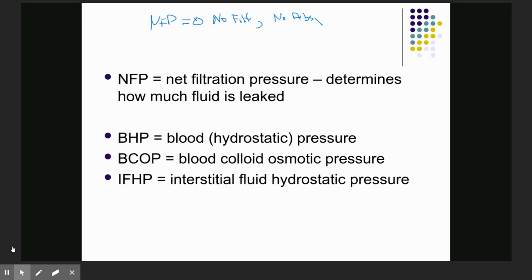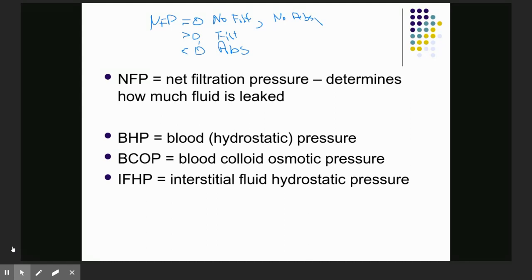But if the net filtration pressure is greater than 0, we're going to get filtration. In other words, fluid's going to come out of the capillary. But if the net filtration pressure is less than 0, it's negative, fluid's going to come back in. We're going to get absorption. Does it make sense?